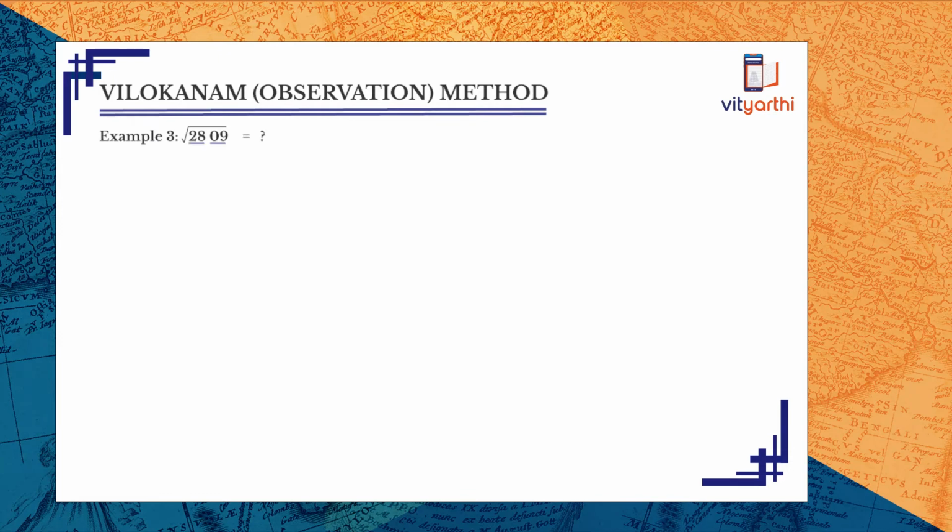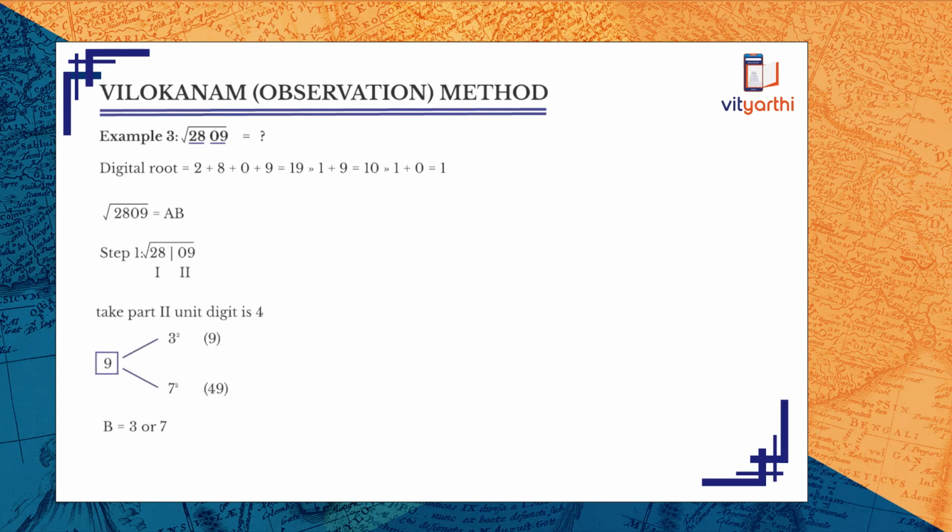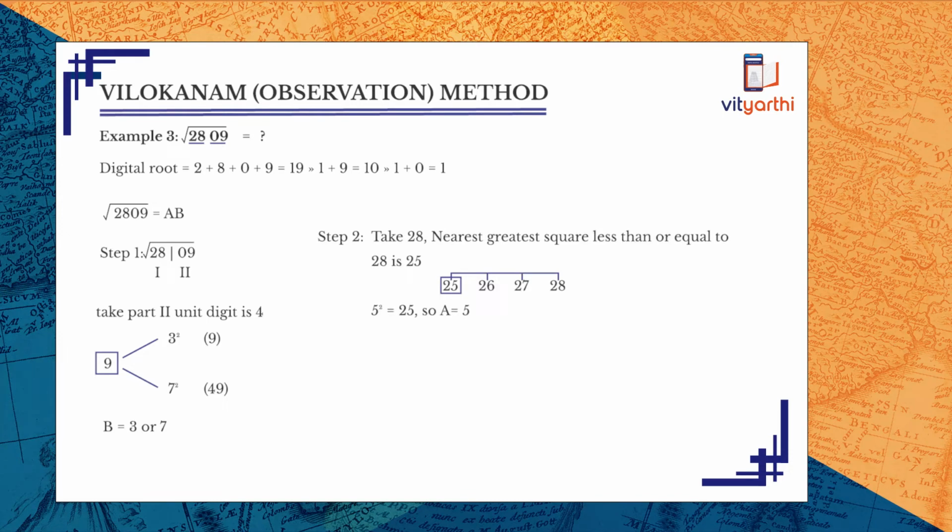Square root of 2809. Here we have to find out the value of A and the value of B. So the value of B can be 3 or 7 and the value of A is 5. Now we can say that the value of AB can be 53 or 57. Find the middle value of 53 and 57.